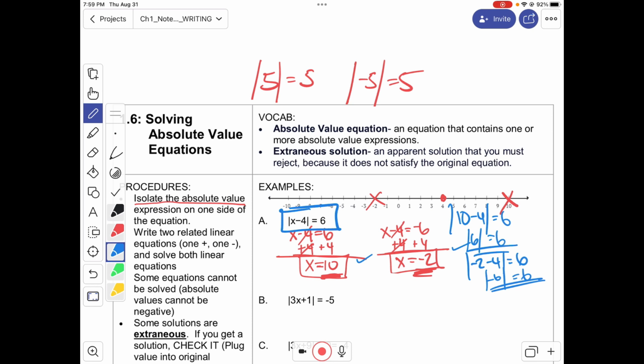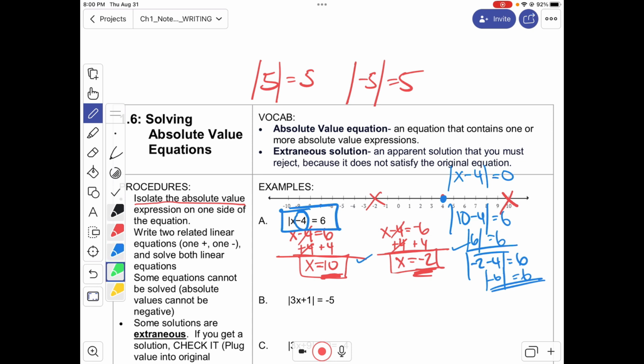We can see that 4 being at the center between our two solutions derives from that piece of information right there. If we set this not equal to 6, but equal to 0, if we looked for the solution to x minus 4 equals 0, we would get the one solution, and that one solution would be positive 4.